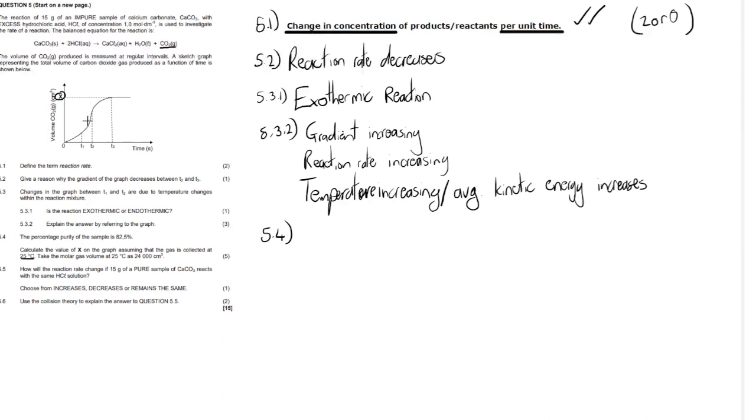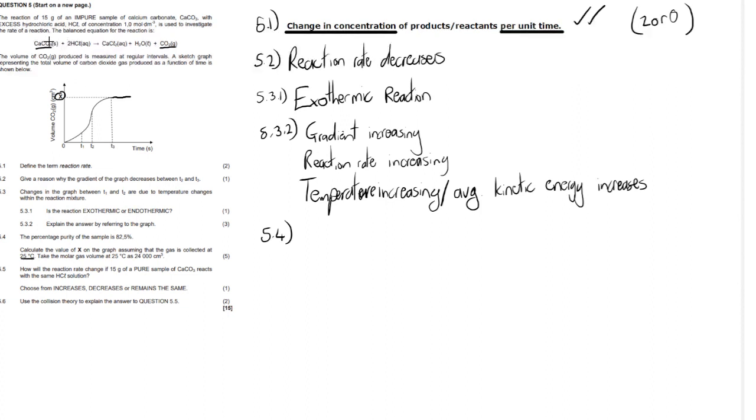Look at this reaction rate. The reaction rate has slowed all the way down. This is when the reaction has gone to completion, when all the reactants are used up and the products have been made. We know how much we have because they tell us the percentage purity of the sample, so we can calculate how much calcium carbonate we started with.